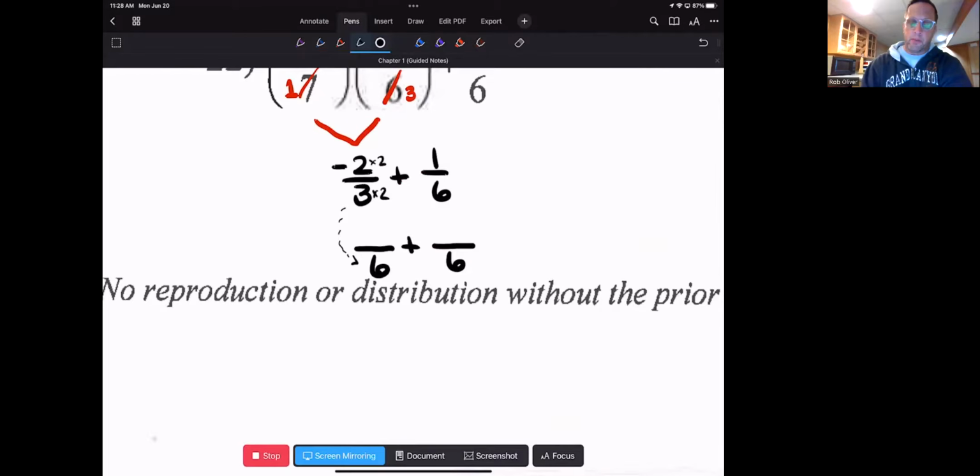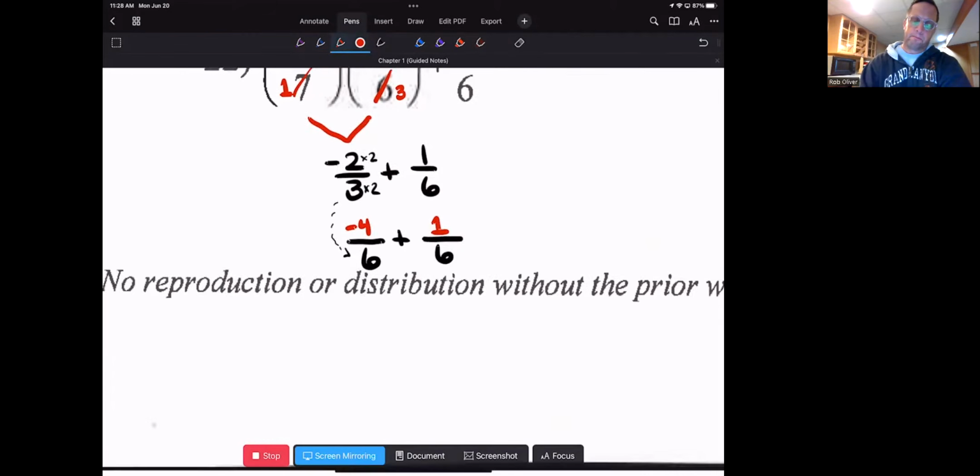So we're going to do -2 times 2, which is -4. And then that one's unchanged. And then -4 plus 1 is -3. And then leave the denominator the way it is. So you just do 6, and then that can reduce to -1/2.